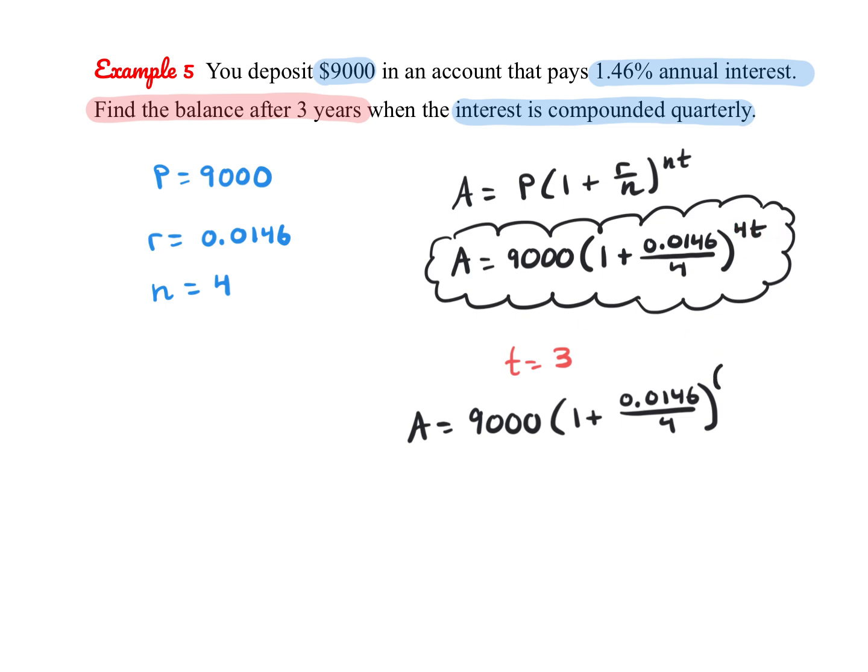If you're going to plug it into your calculator and you don't want to do the multiplication yourself, you could type it in like this, please just make sure you're grouping that 4 times 3. So you do to the power of parentheses 4 times whatever your t value is, just to make sure that all of it ends up in your exponent. Okay, so give me a second. I'm going to plug this into my calculator.